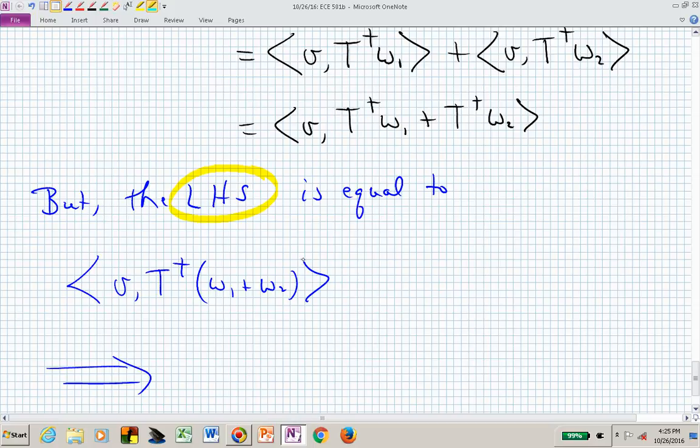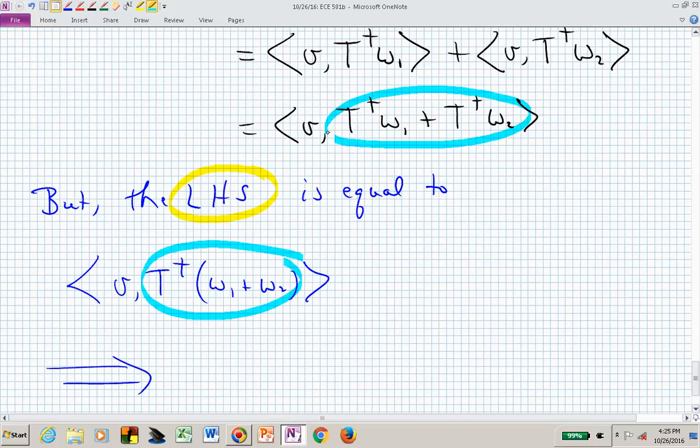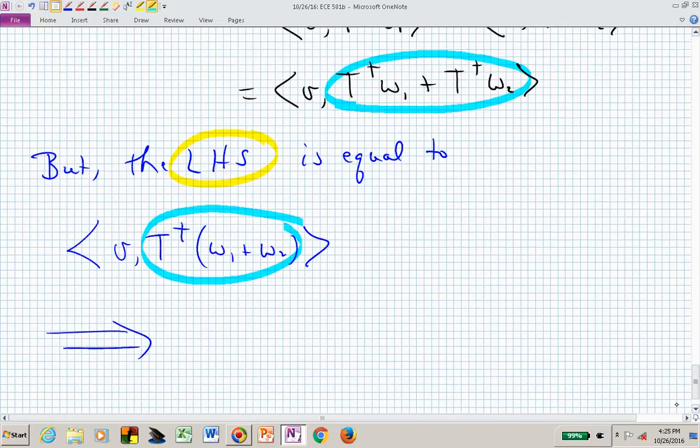Now I can equate what's in the second slot of those two inner products, meaning I've demonstrated the equality of those two inner products.